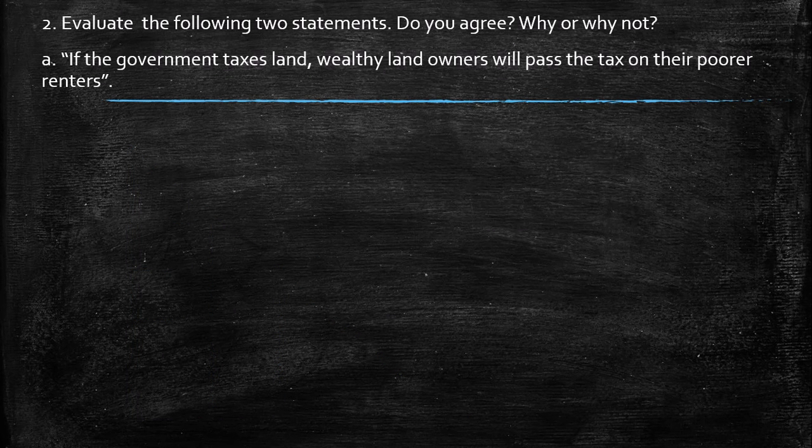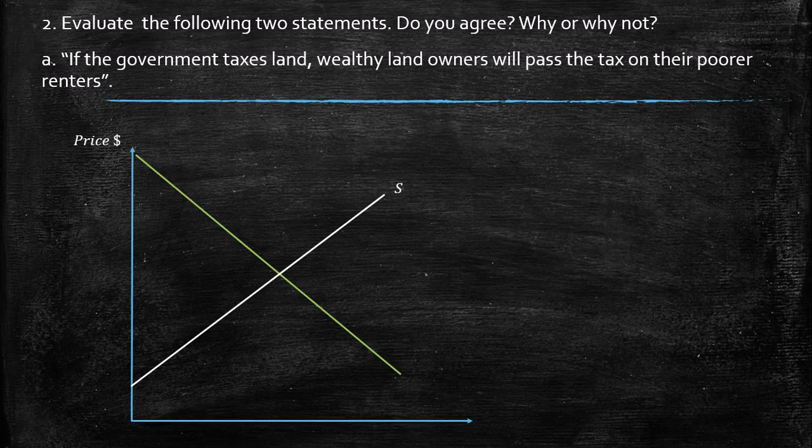So the second part: evaluate the following two statements. Do you agree? Why or why not? A. If the government taxes land, wealthy landowners will pass the tax on to the poorer renters. Okay, this is what happens in this market.